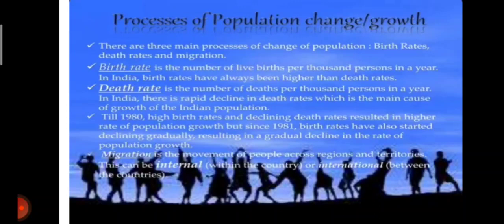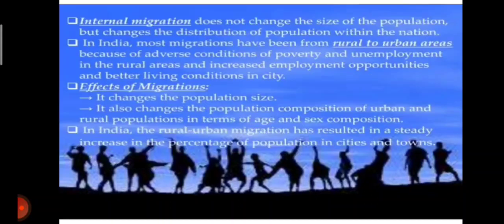Now, migration has two types: internal migration and international migration. International migration is responsible for the increase in the total population. Now, internal migration: it does not change the size of the population, but changes the distribution of the population within the nation.